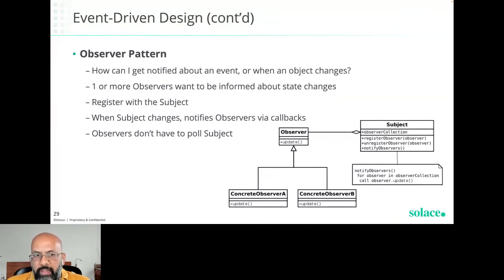Using the observer pattern, the observer basically goes and records the interest, saying, hey, I am so-and-so, I am interested in knowing the changes happening on this subject. So basically it registers something we all know, a callback, right? So the callback is registered, right? The subject takes the ownership of notifying these observers by invoking the callback whenever a change happens.